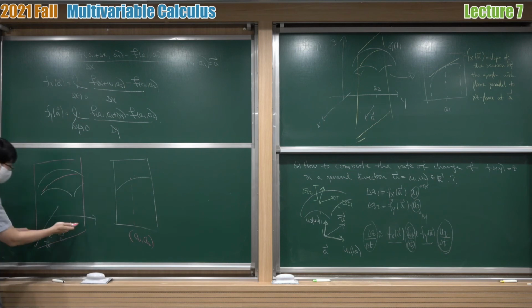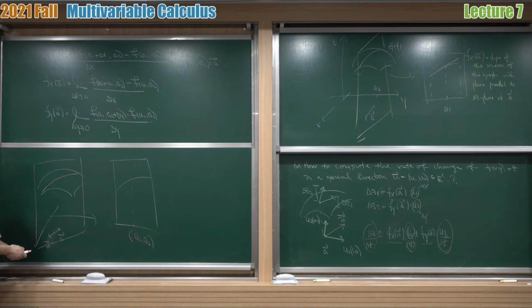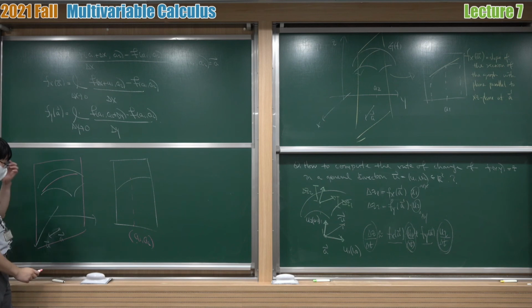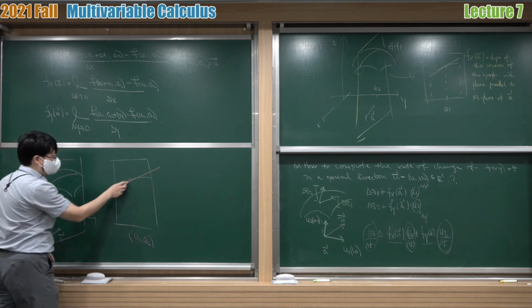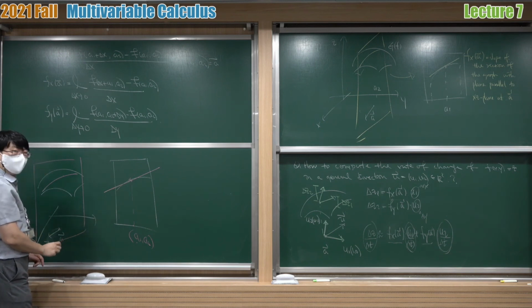For now, this line is not parallel to x nor y, so when I pinpoint my point, you have to use these two points anyway. It's A1, A2, and the slope of the tangent line at that point is the rate of change in the direction of u, right?